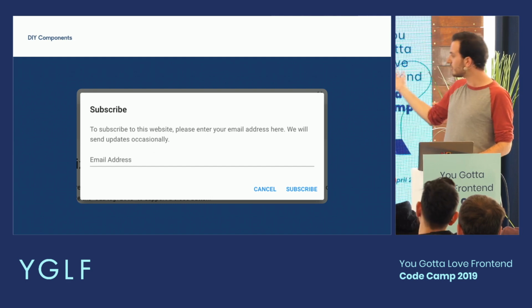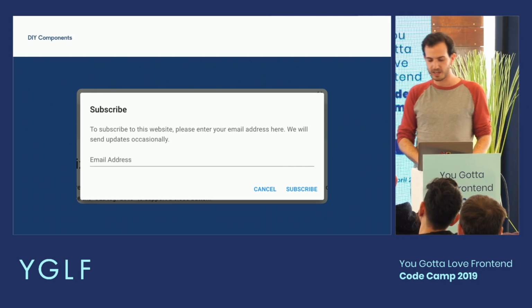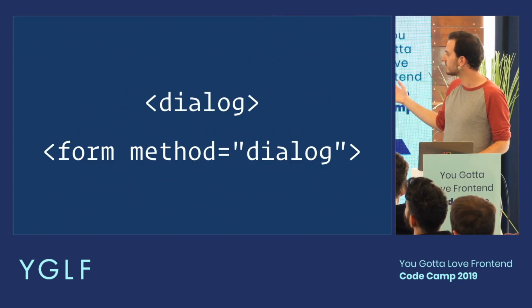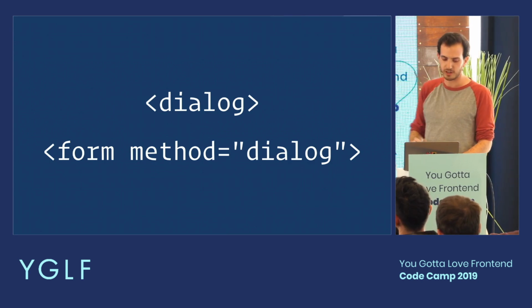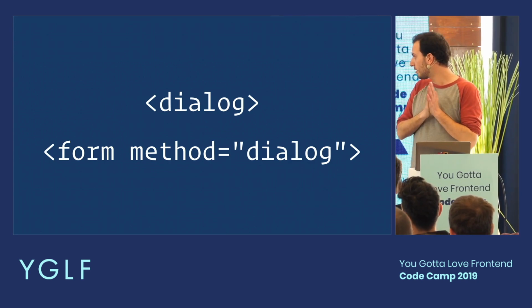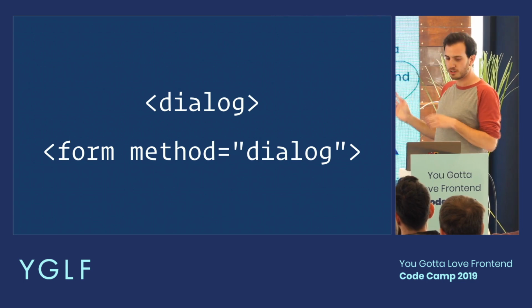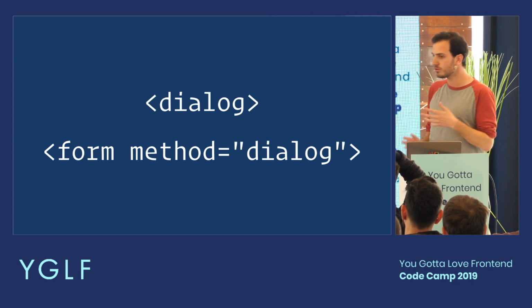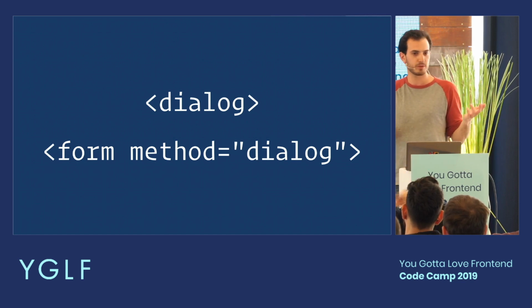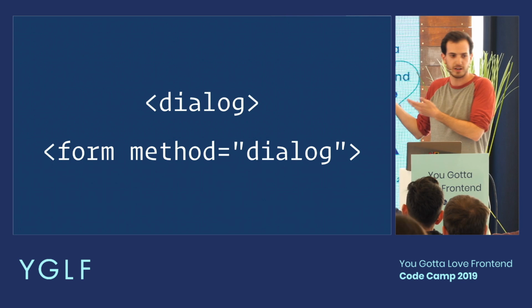The good thing about this one in particular is that we now have these two things, dialog tag and form method equals dialog. And these are actually in HTML 5.2. Not everyone has heard of these though. I don't know how many people here have never heard of these tags, dialog tag.